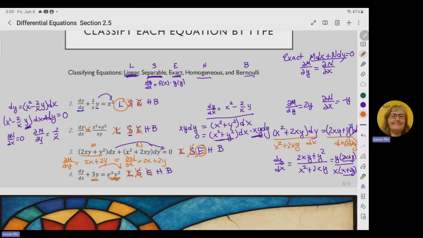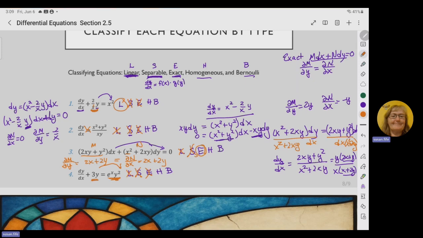So homogeneous we just talked about. One nice way to tell if it's homogeneous is if every term in the equation has the same degree. So for example, this term has degree 0. You have y to the first over x to the first.